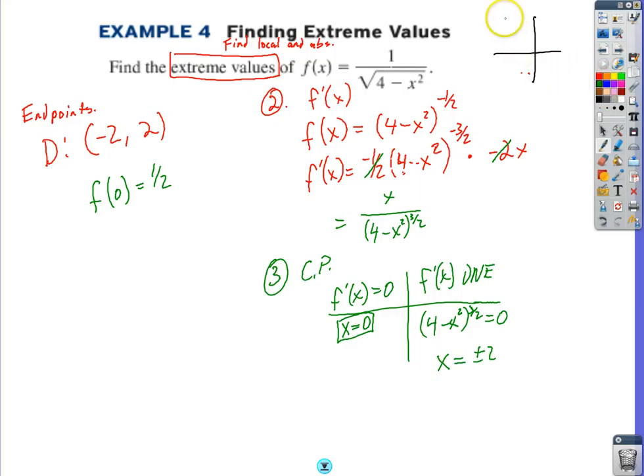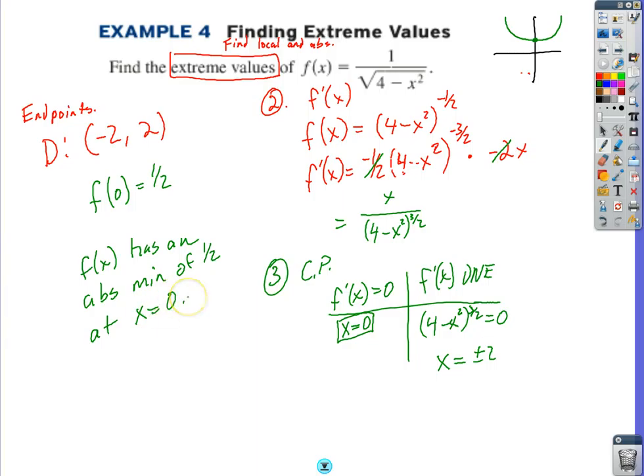And what I'm going to see is that this is what the sketch looks like. And right here, there's my point (0, 1/2). That means my function f of x has an absolute min of 1/2 at x equals 0.